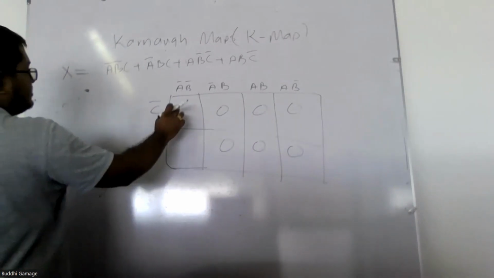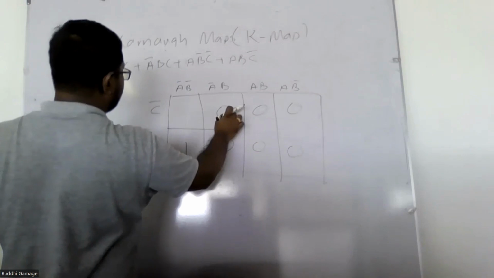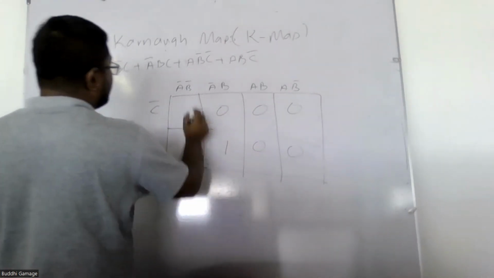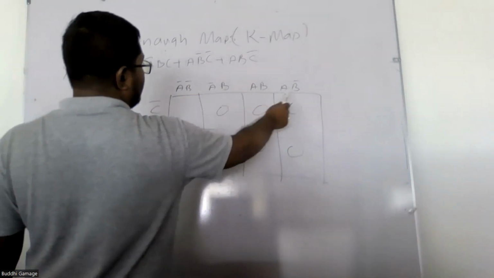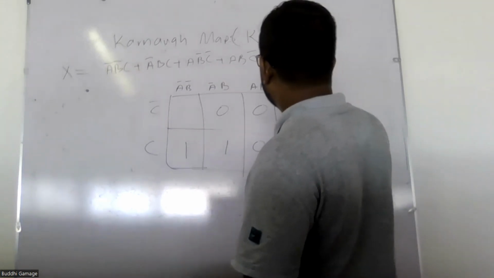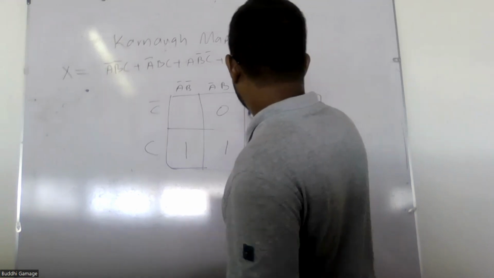A bar, B bar, C. This is true. A bar, B, C. This is true. And A, B bar, C bar. This is true. Here A, B, C bar. This is true.